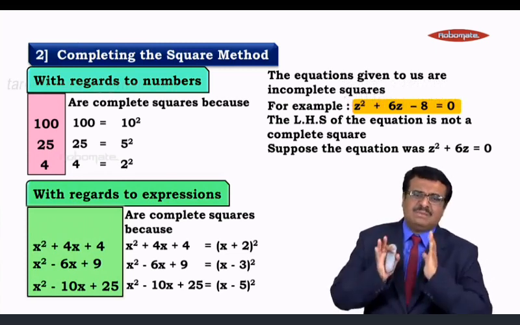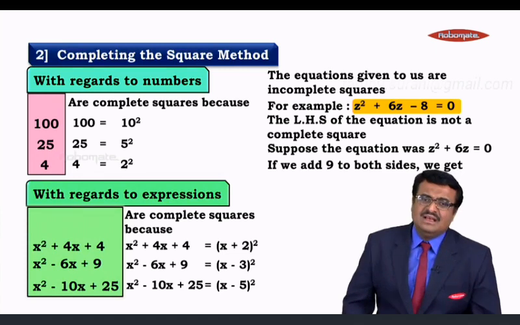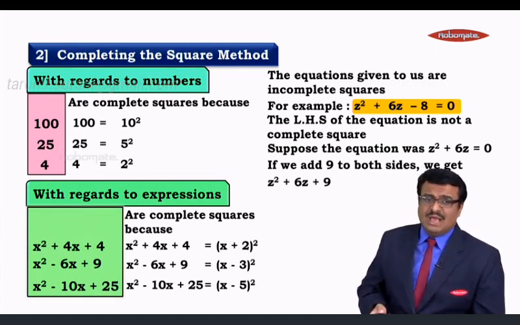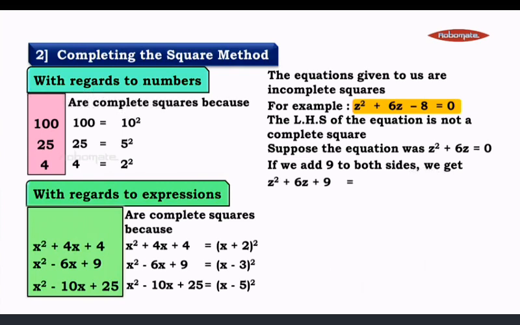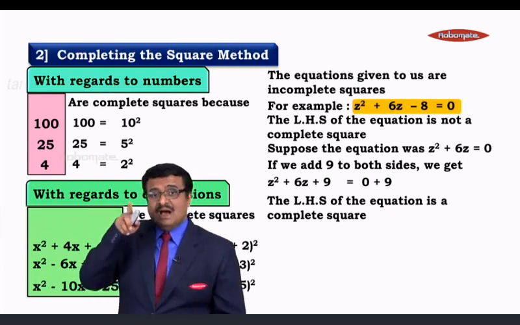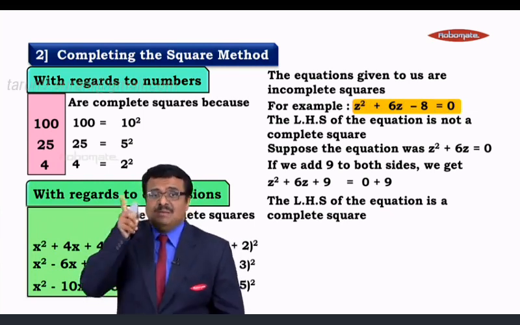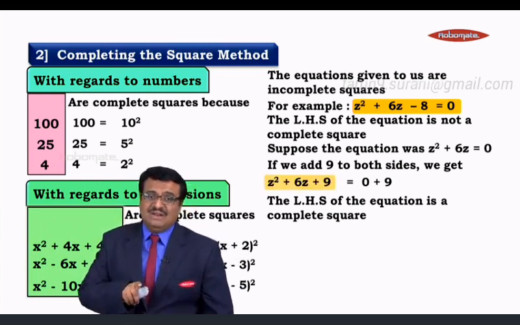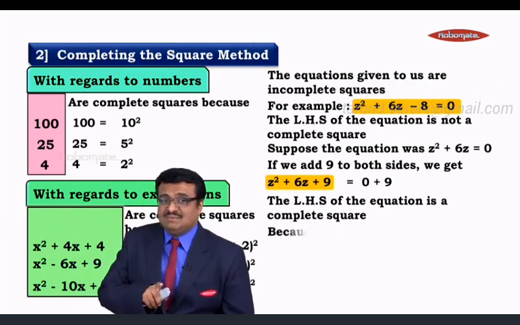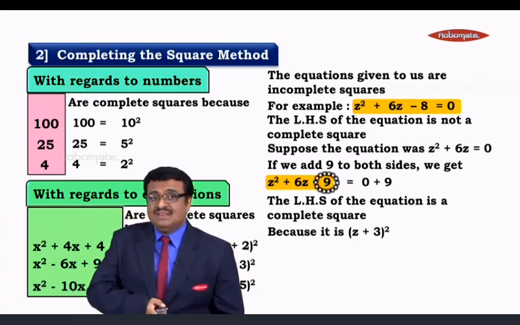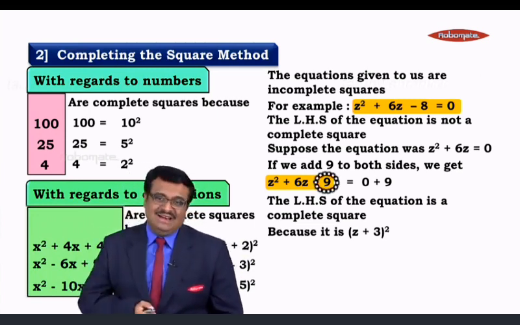If we add 9 on both sides, what do we get? z square plus 6z plus 9 is equal to 0 plus 9. Yes or no? Now the LHS of the equation has become a complete square. z square plus 6z plus 9 is nothing but z plus 3 the whole square.